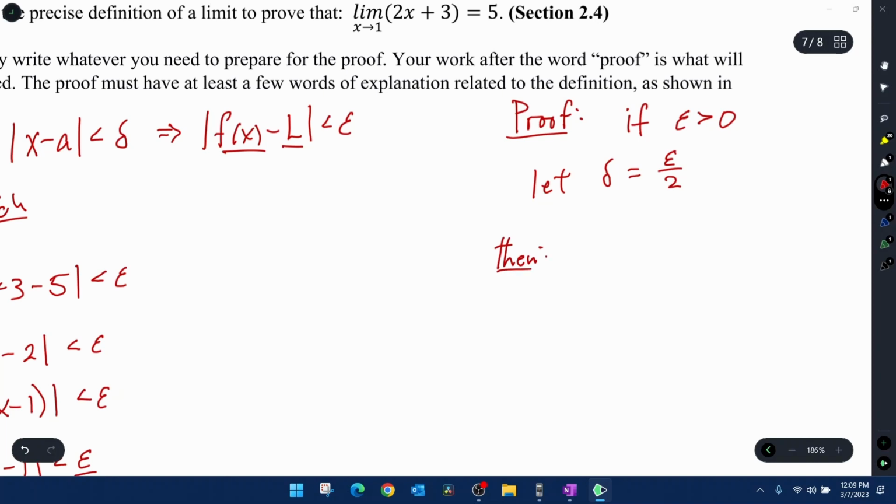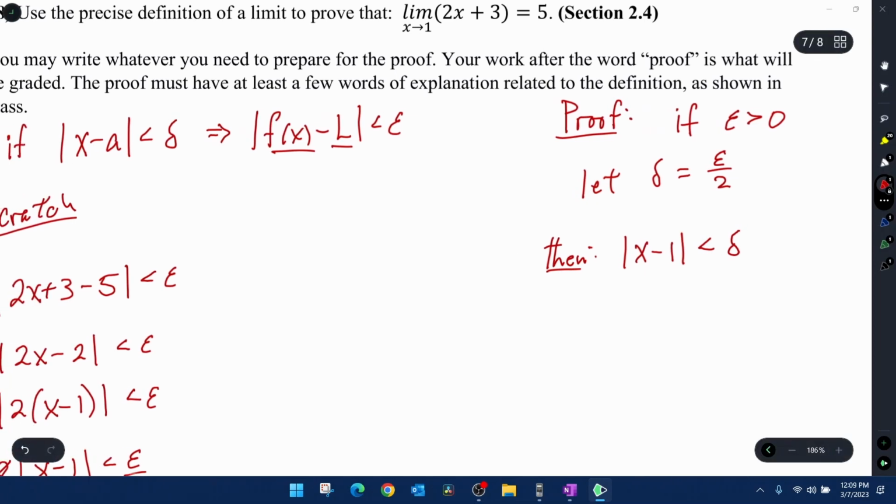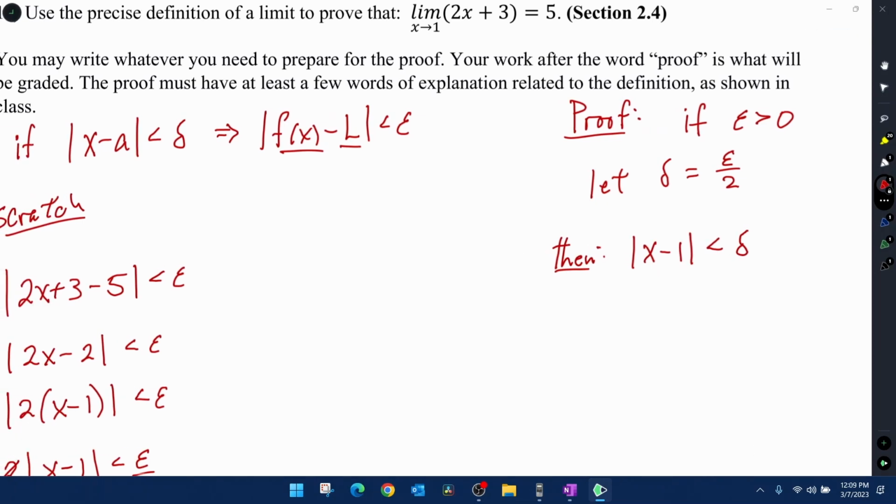Then the absolute value of x minus 1 is less than delta. Y'all see, it says if this happens, and that's what we're starting with. Yes.